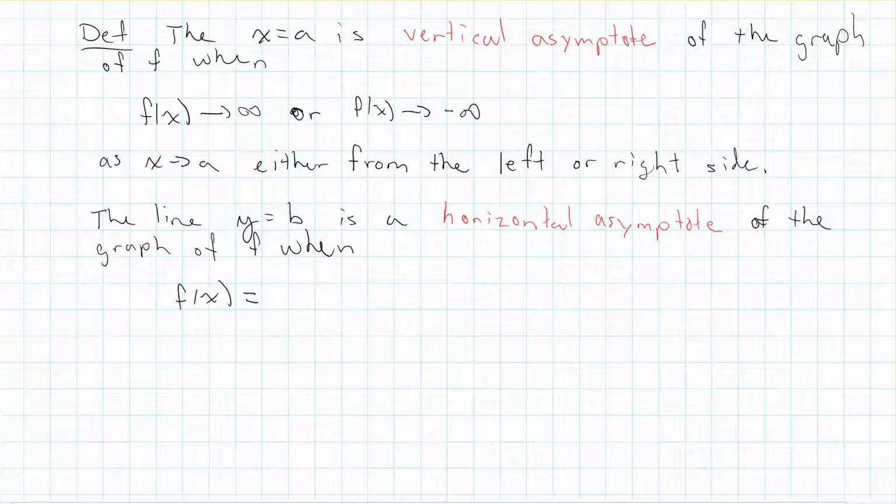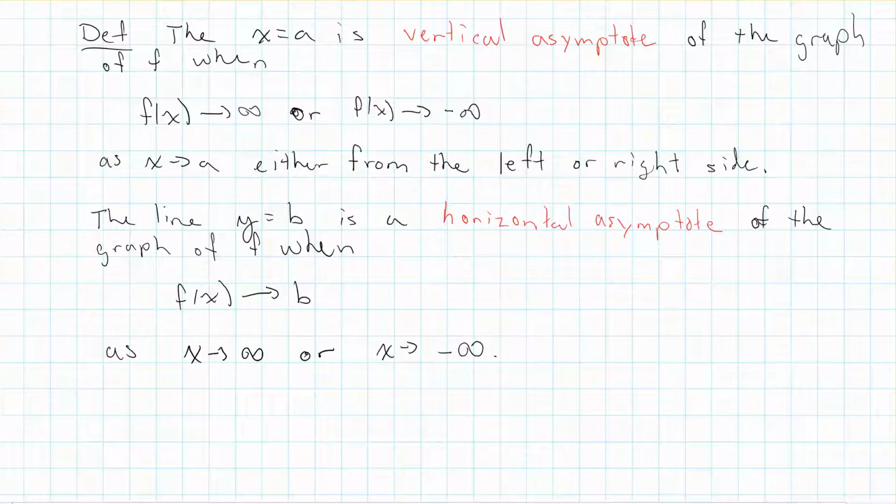It's actually approaching this value b, this line y equals b. Technically it shouldn't be the word when, it should be as: as x approaches infinity or x approaches negative infinity.